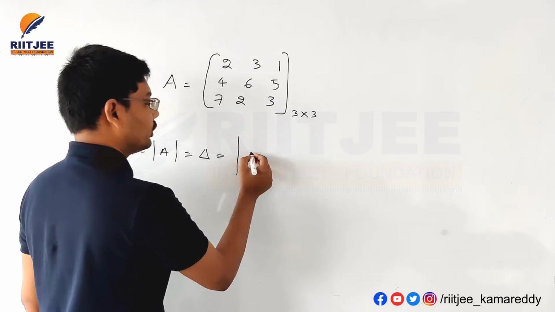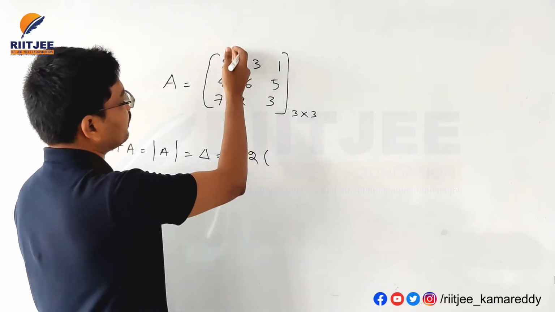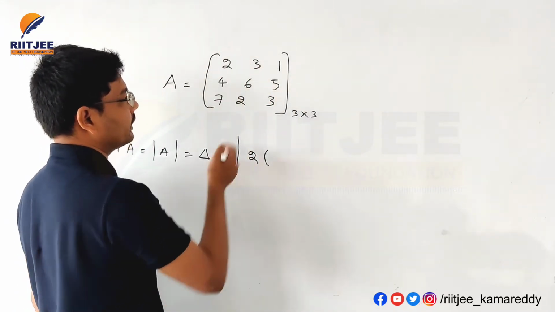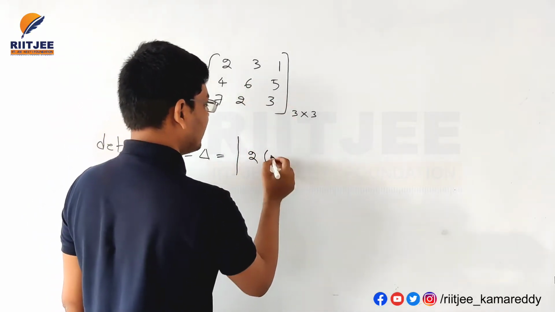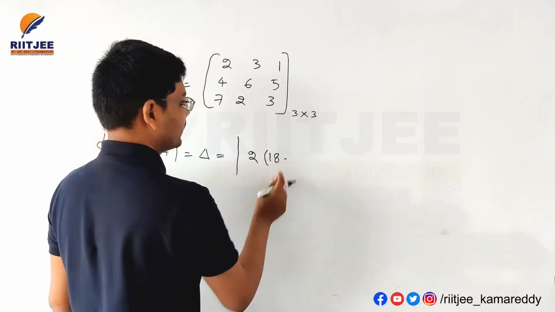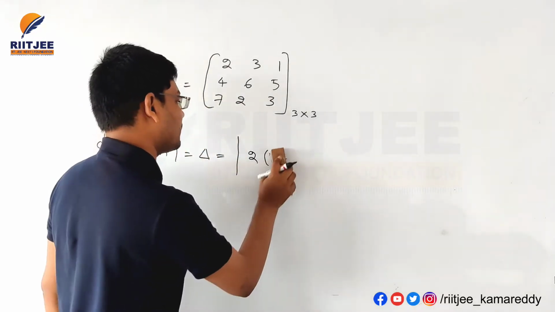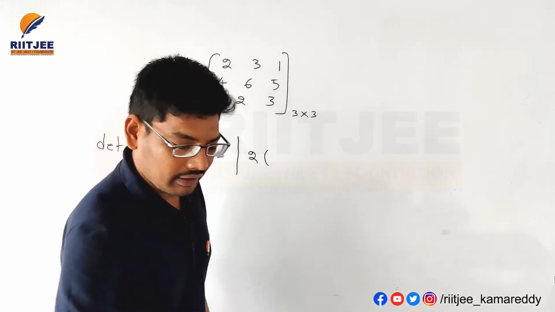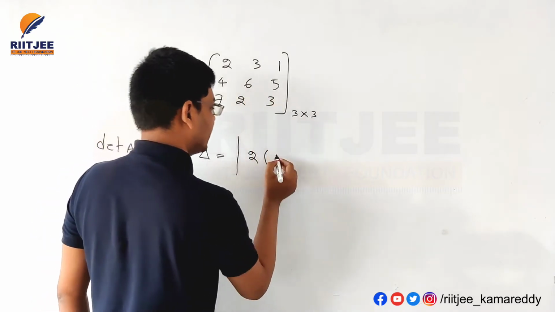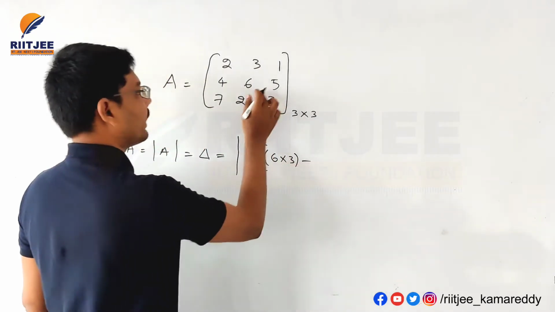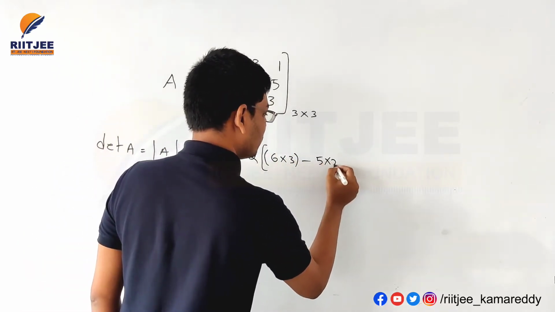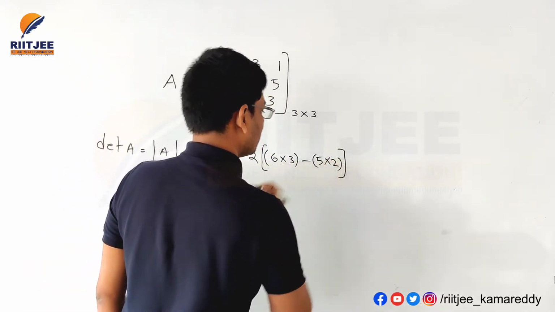First, 2 into the determinant of the remaining matrix after eliminating the row and column which have 2: 6 into 3 minus 5 into 2. I am writing each and every step for the first time.